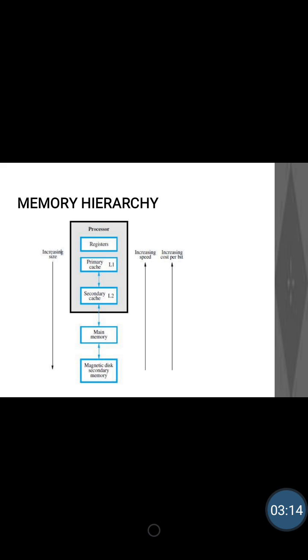Then what about their speed? Yes, main memory operation requires the data to be moved from main memory to the cache memory, then the processor will be executing. If I want to collect the data from secondary memory, then the data which is there in secondary memory has to be copied into the main memory, then from main memory it has to be taken into the cache of the processor, then execution has to be done. That's why more time is needed when I want to access the data from secondary memory.